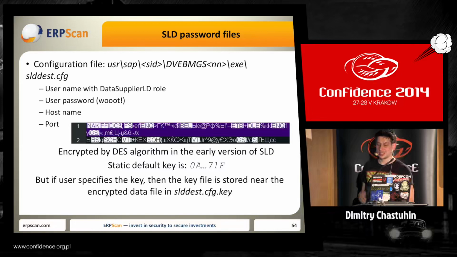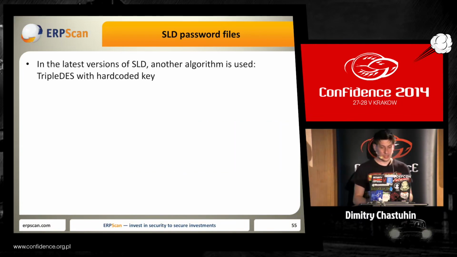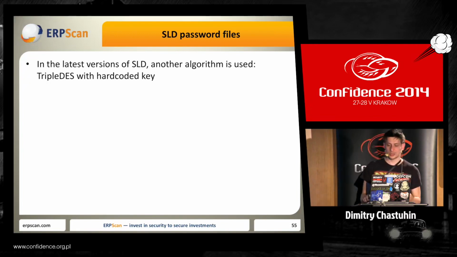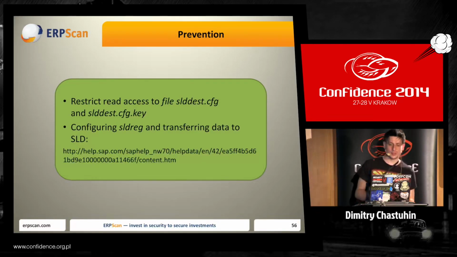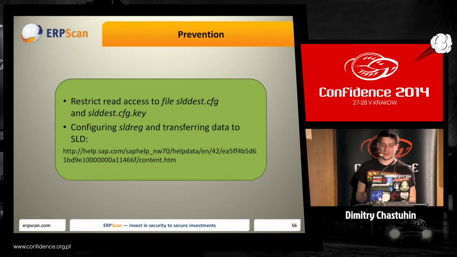So that's why the key is not a problem if you want to decrypt information from the SLD config file. And as I said, in the latest version of SLD another algorithm is used. It is triple DES with a hard-coded key. For prevention, to defend your system, just restrict read access to the important file.